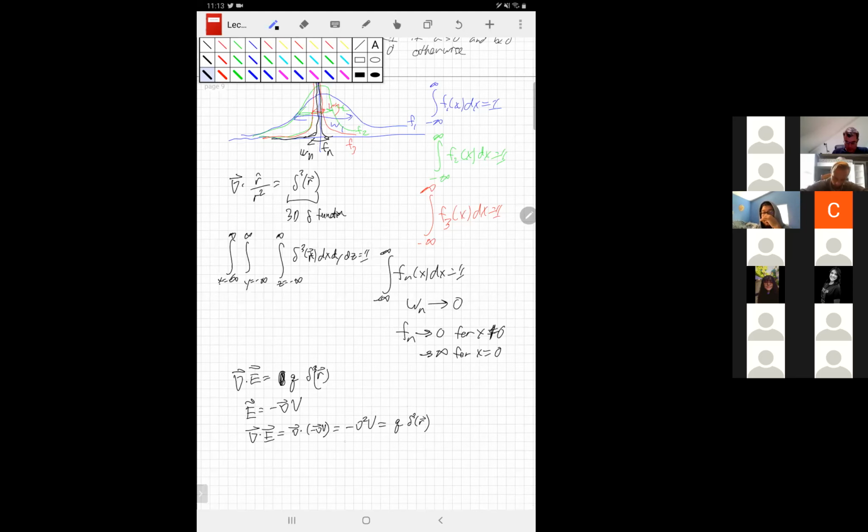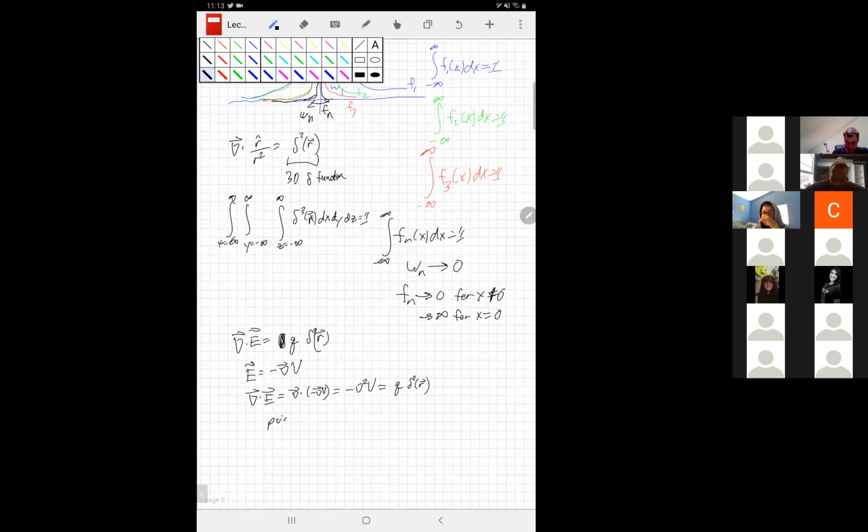And we know that for a point charge, V is Q over 4 pi r. There's no epsilon naught in God's own units.